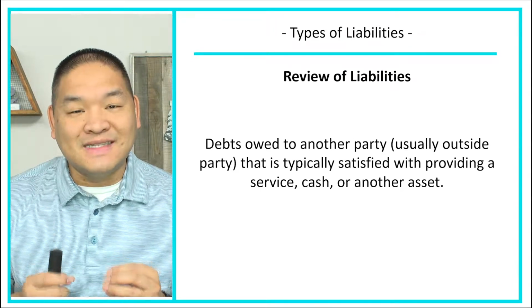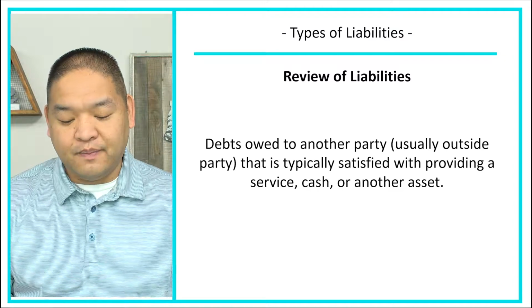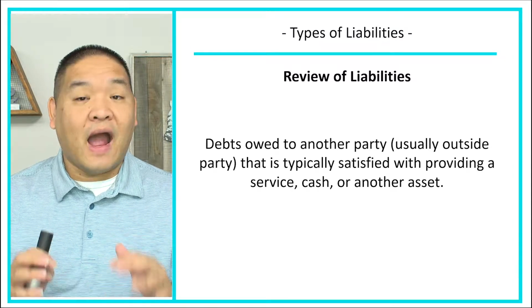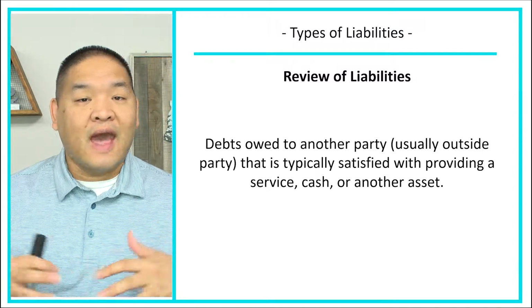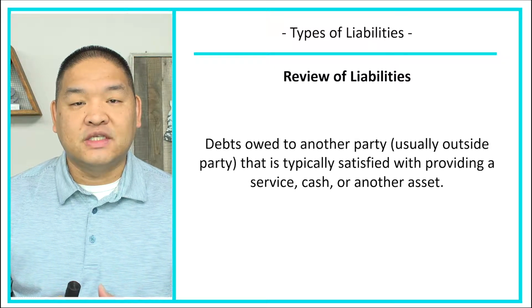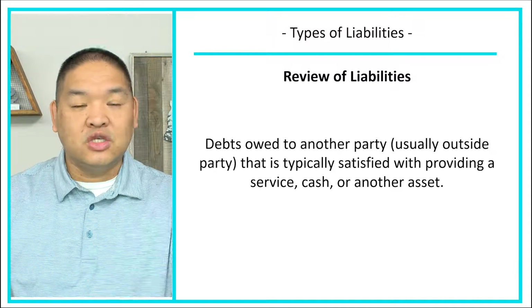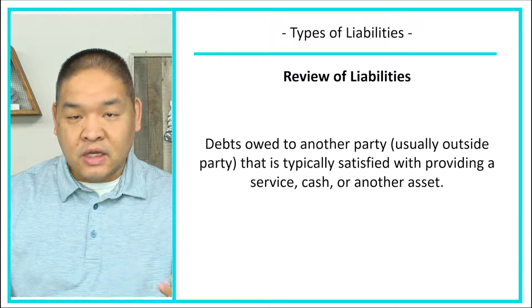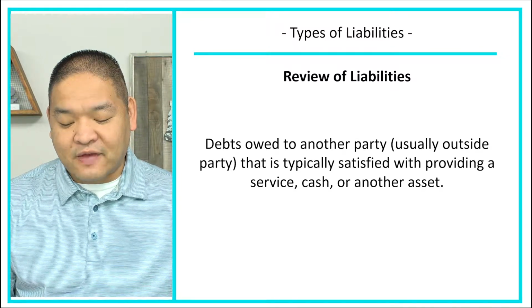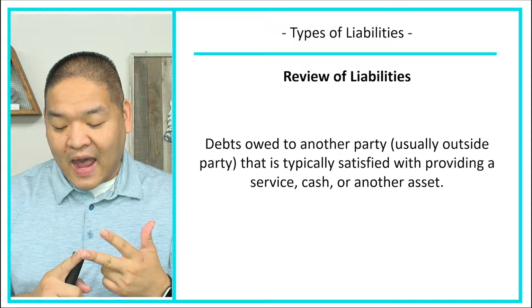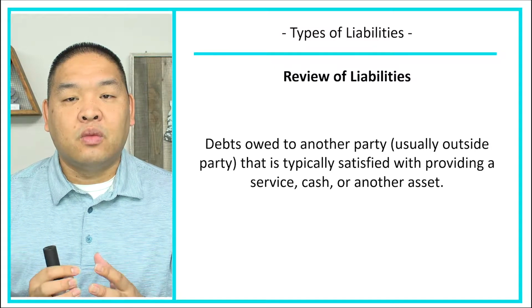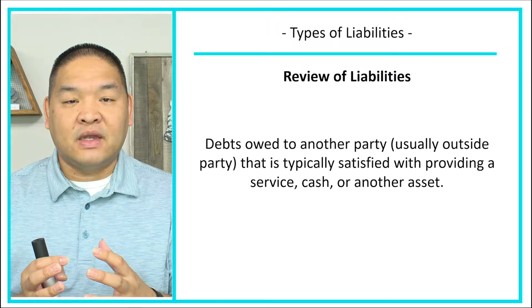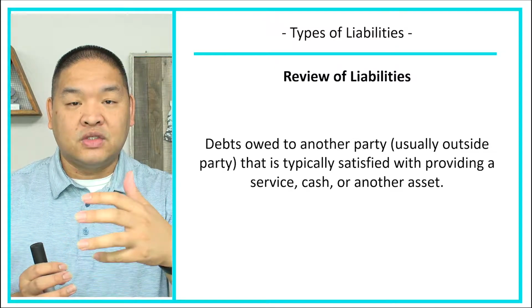Now, these are debts owed to another party. Usually they are outside parties, so these are external organizations that we owe money, services, or product to, that is typically satisfied with providing a service, cash, or other assets. When we think about liabilities, oftentimes we think about owing money to someone else.